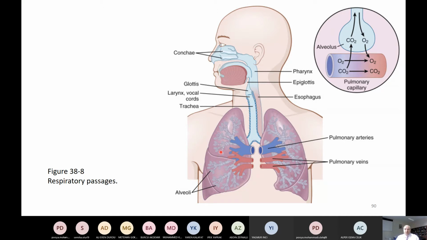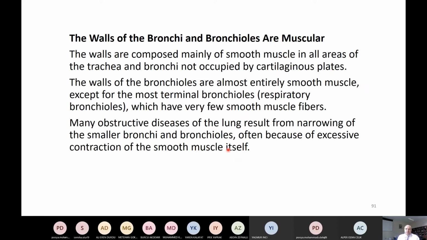This trachea generates new smaller branches until it reaches the alveoli. The walls of the bronchi and bronchioles are muscular. The walls are composed mainly of smooth muscle in all areas of trachea and bronchi not occupied by cartilaginous plates.